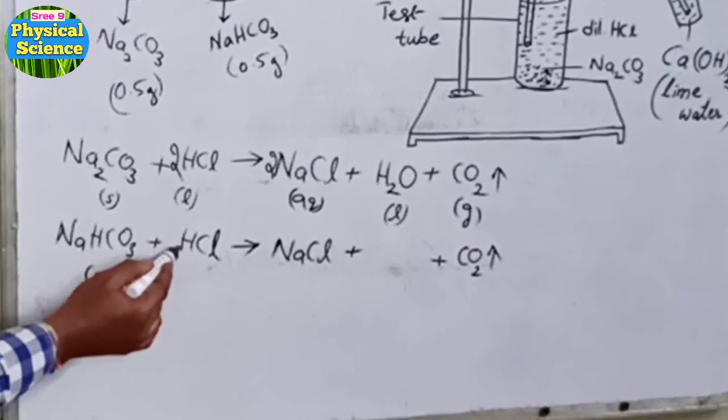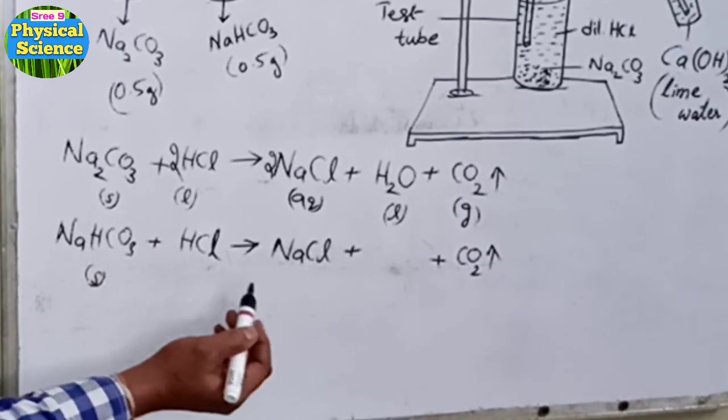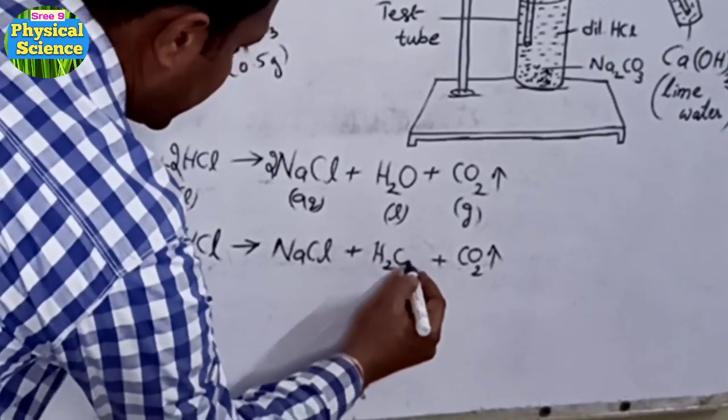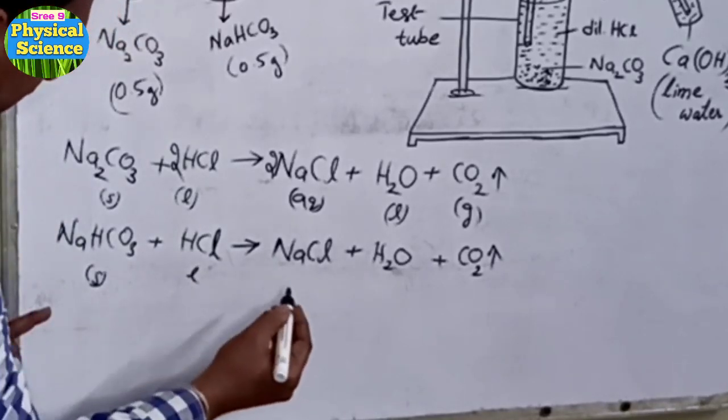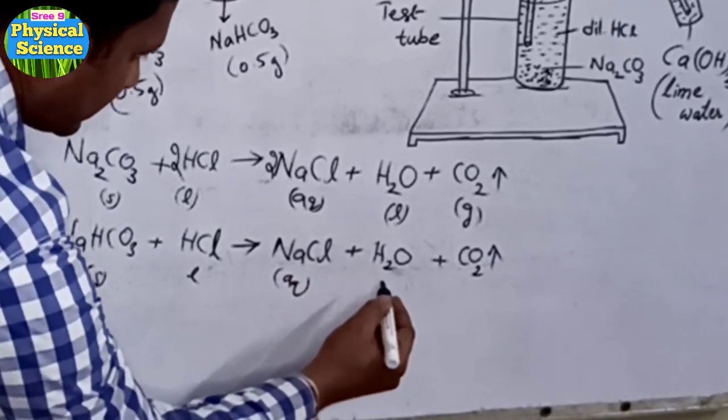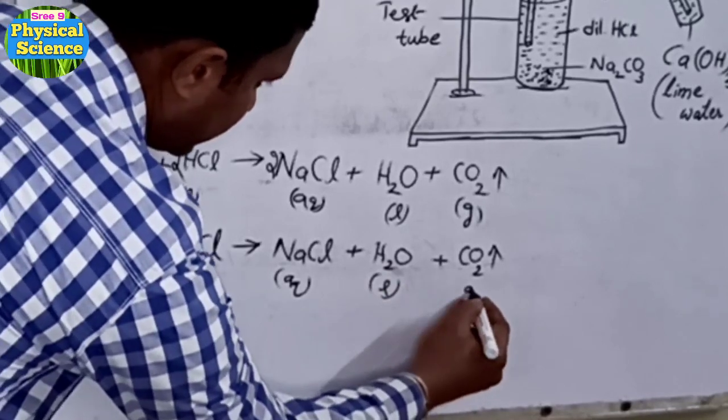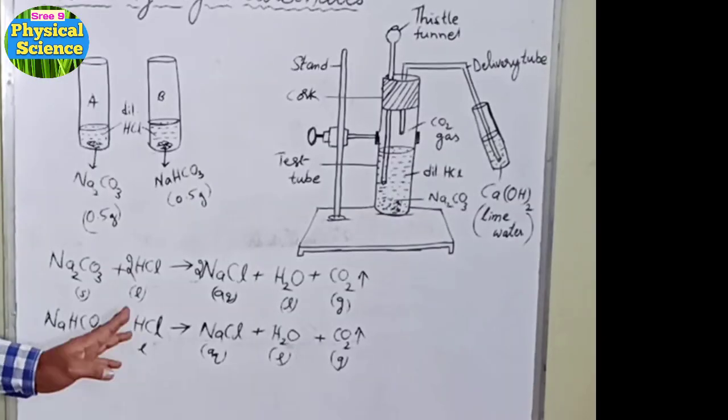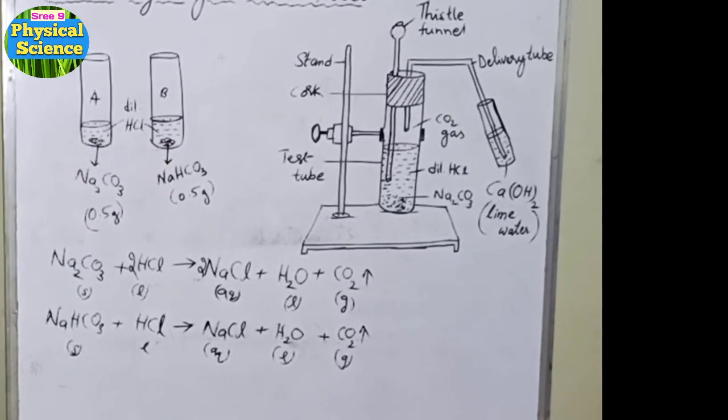And 1H, 2H, H2 and 1 O remains, so hence H2O. So solid, liquid, aqueous, liquid and this is gas. Okay. So these are the reactions taking place inside the test tubes.